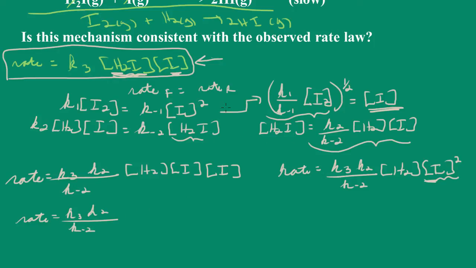and I'm just going to bring these k's over here. So that'd be k1 over k-1 to the 1/2 power. So we have the hydrogen here, so we want to keep that in there. Now, this here, remember what we have here is this species squared.